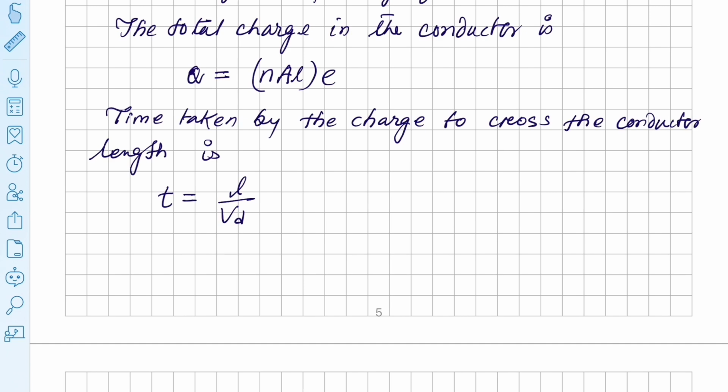That is the drift velocity, right? And L by drift velocity will be the time taken by the charge to cross the conductor length. Okay, so hope you have understood this. Let me take this as equation number 1, and this as equation number 2.